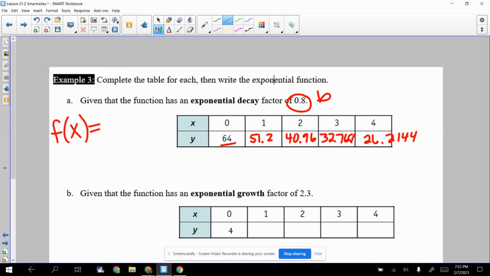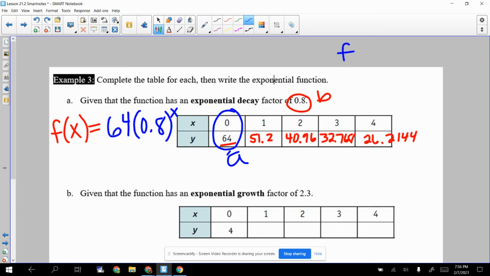And then your a value just comes from whatever your first term is. That's your initial term, which would be here, so 64. So your final exponential function would look like 64 times 0.8 to the x.